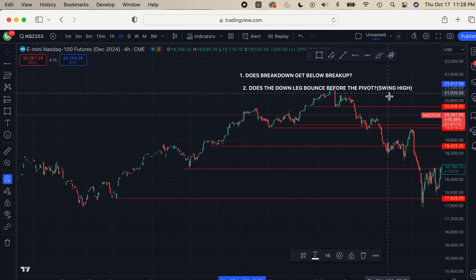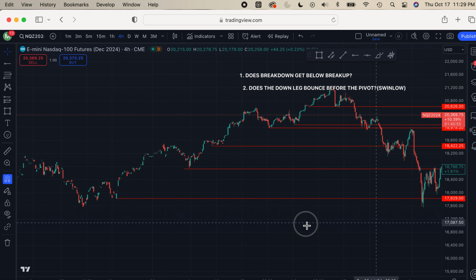So that's how you know to remain bearish. If you are bouncing before a pivot, then look for it to eventually break. If you're breaking through a pivot, a prior swing low, then likely it's not going to hold. It's not going to last.